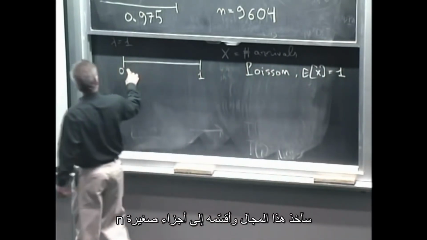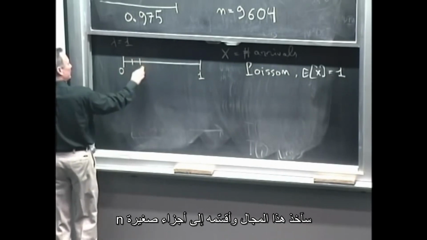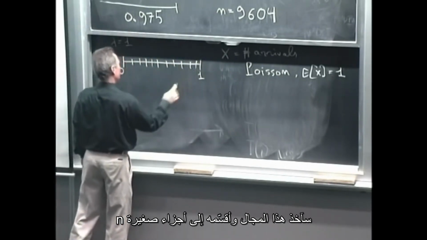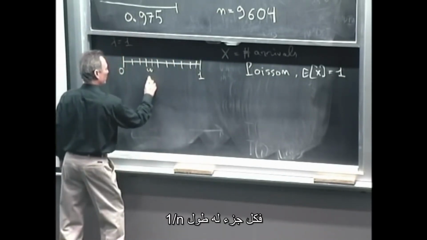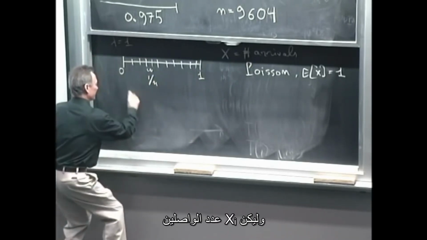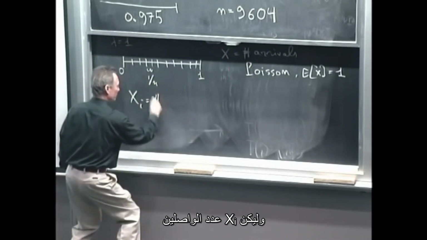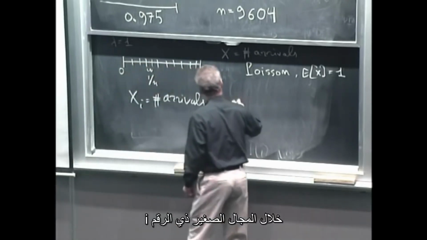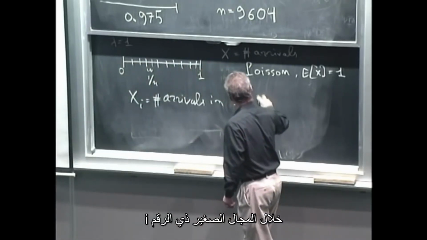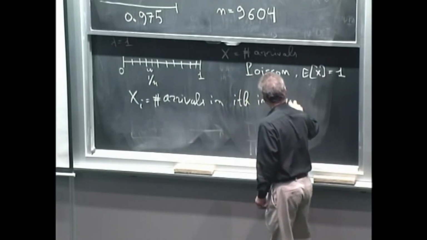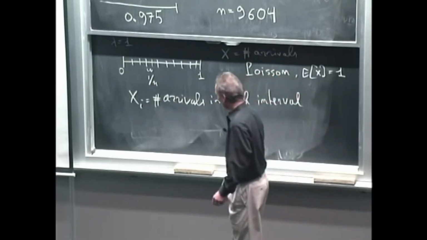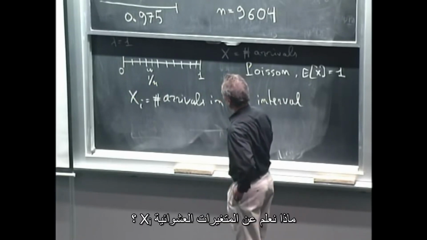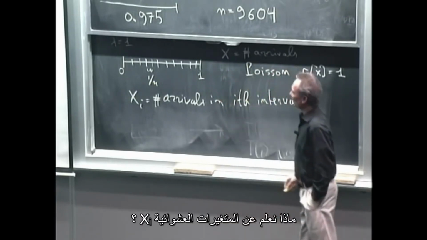Now let me take this interval and divide it into n little pieces. So each piece has length 1/n. And let xi be the number of arrivals during the ith little interval. Okay, what do we know about the random variables xi?